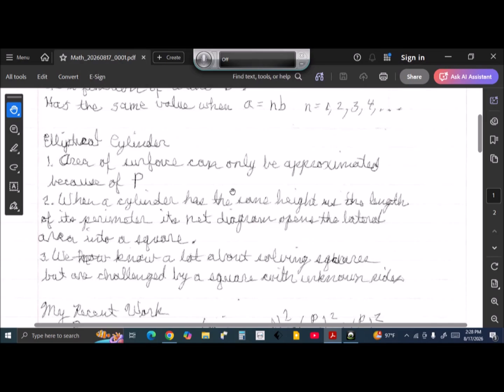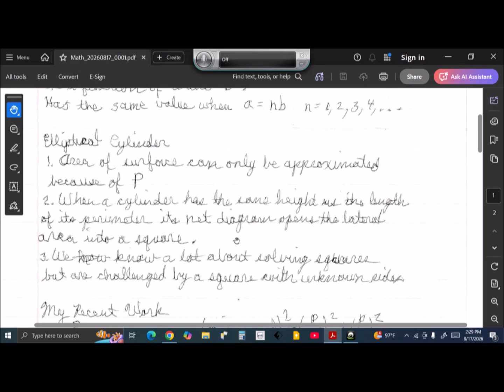So what do we have? The area of the surface of this cylindrical or elliptical cylinder can only be approximated because we don't know P. P is going to always be the unknown, the perimeter, and we're trying to find that exactly. And when the cylinder has the same height as the length of its perimeter, its net diagram opens the lateral area into a square.